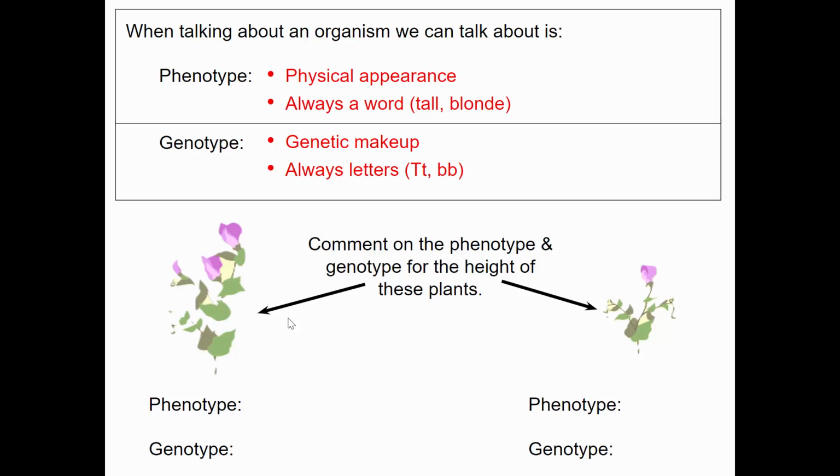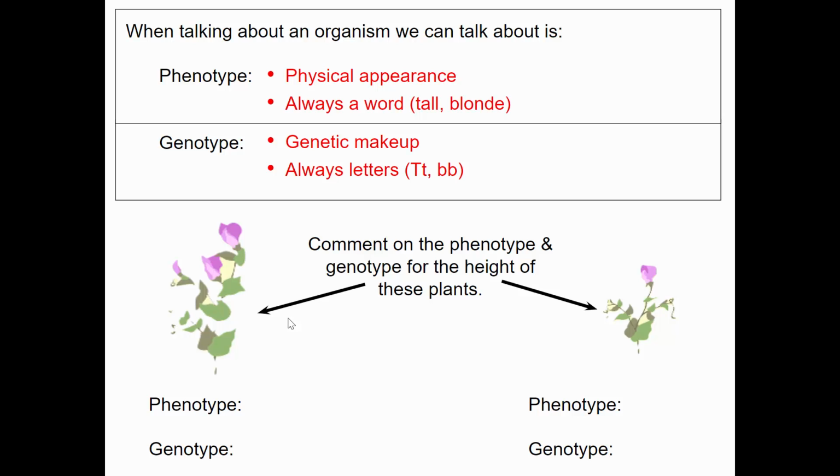All right. So tell me about the phenotype. We're still going to talk about height of a plant. Tell me about the phenotype of this plant. It's tall. Tell me about this plant's phenotype. Short. Tell me about this plant's possible genotype. They're all T's.